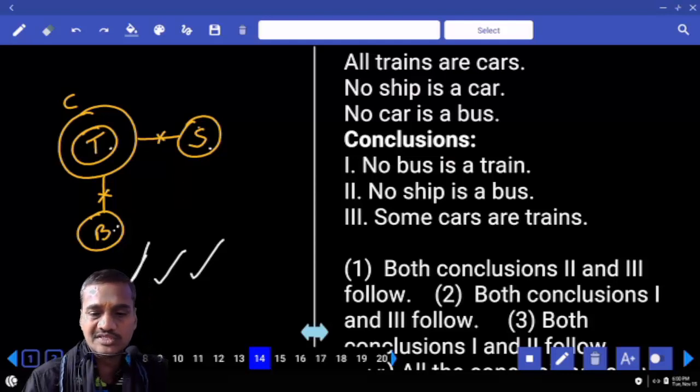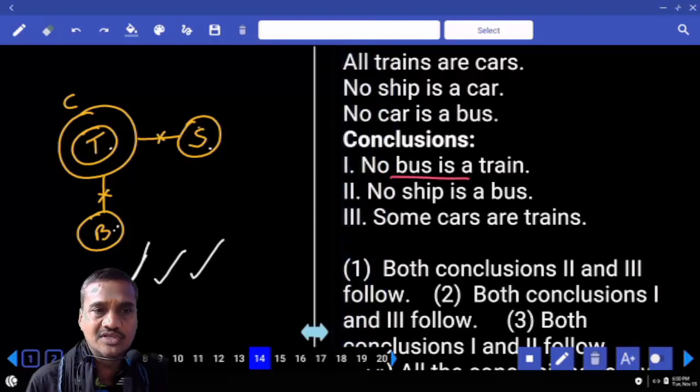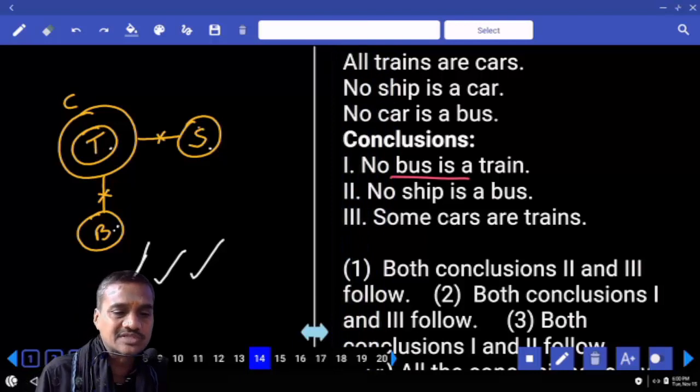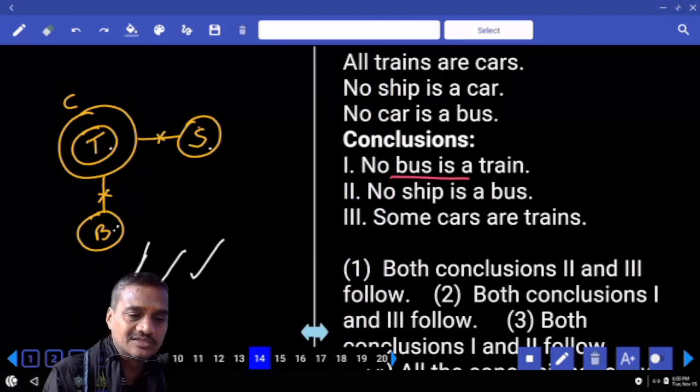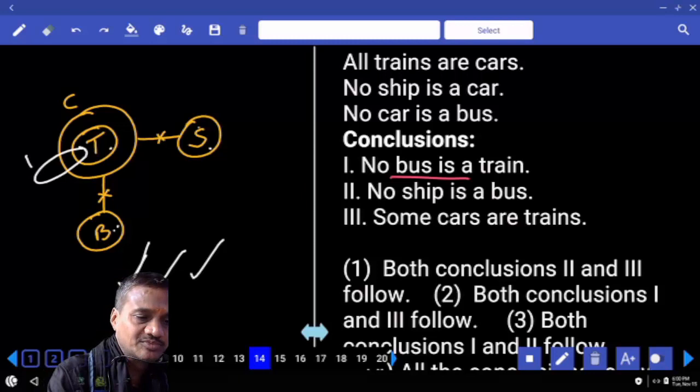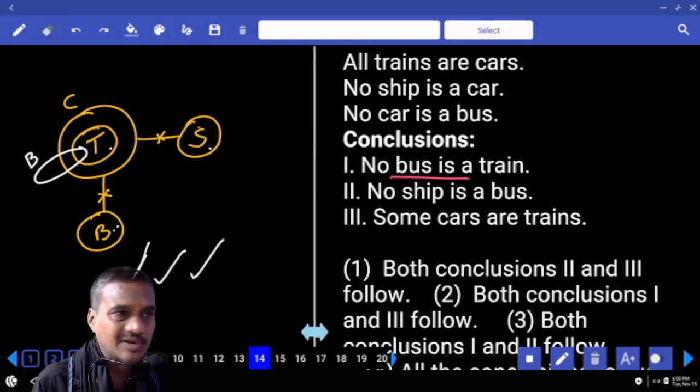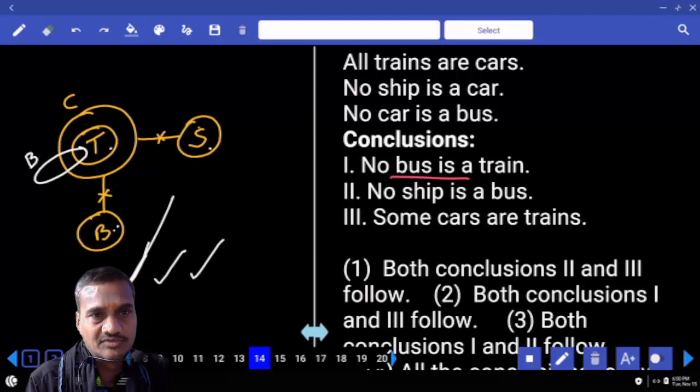If a negative conclusion is true, what should we do? Draw an alternate diagram to make it false at least once. No bus is train is false means some buses are trains. Is it possible to write bus like this? If we do, no car is bus will become false. The statement is invalid, an alternate diagram cannot be drawn. This will be true forever.